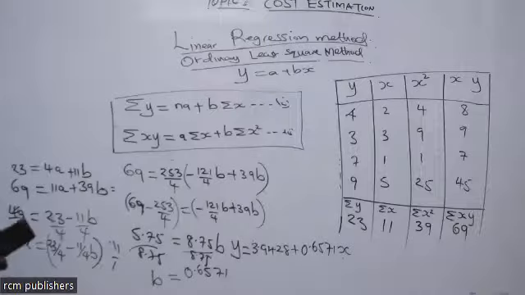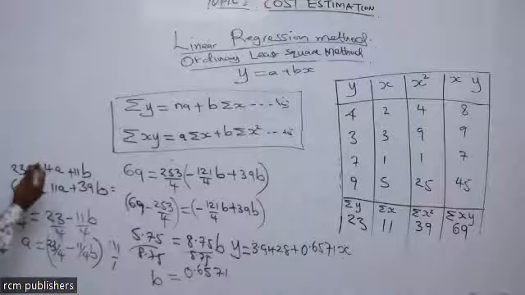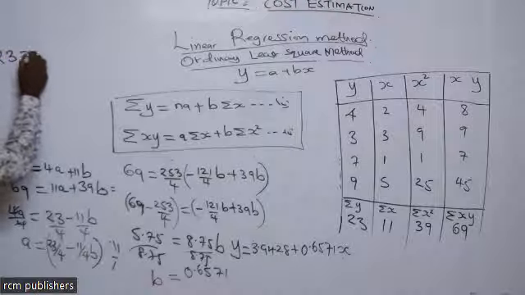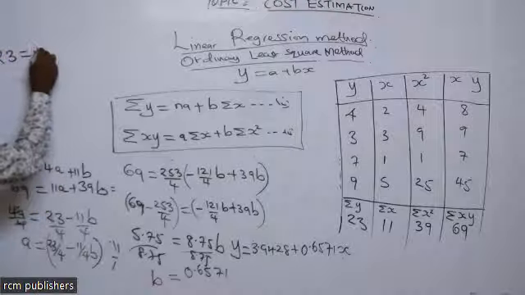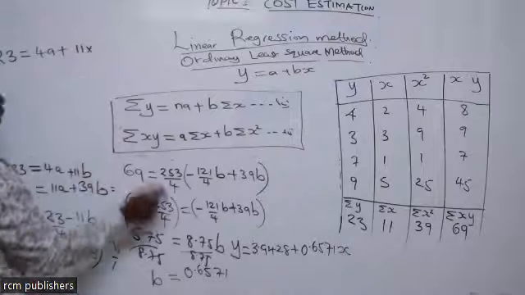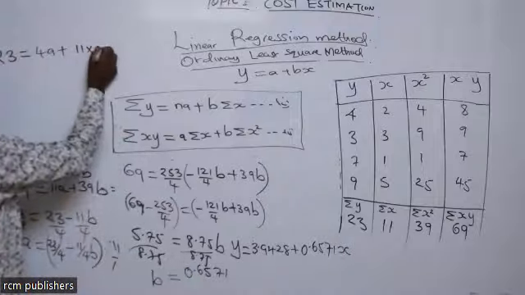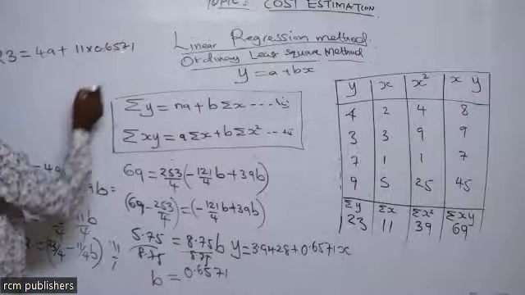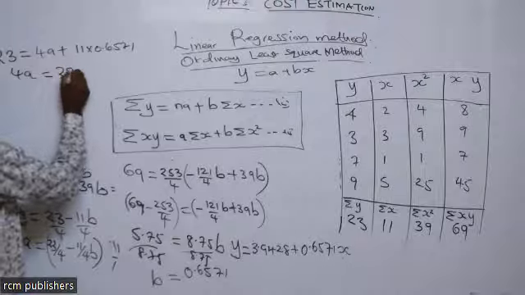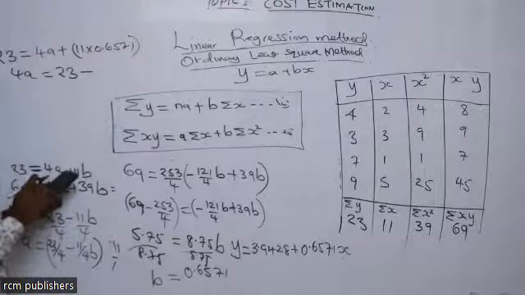Okay. Back to your equations which you end up here. Either this or this. Just pick one of them. I pick the first one. 23 is equal to 4A plus 11B. 11 multiplied by B, which I have calculated there. So my 4A will be equal to 23 minus this one here.